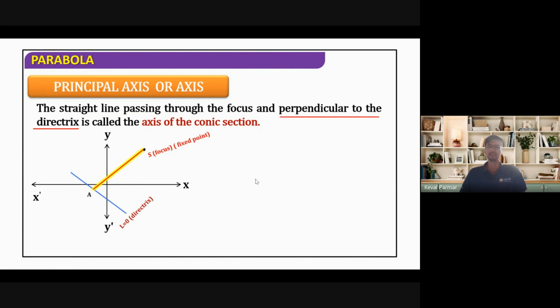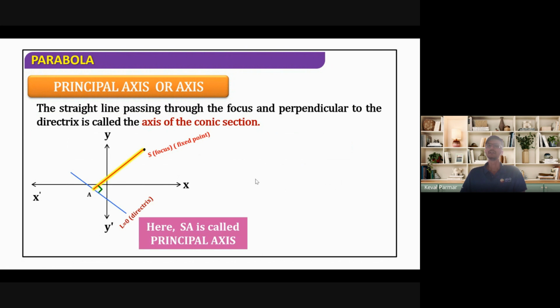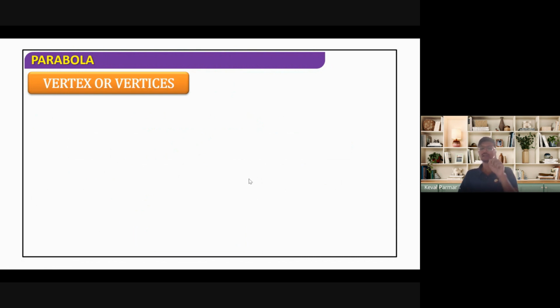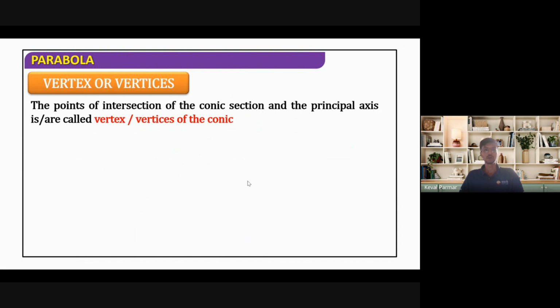Next is called the principal axis. Next is vertex or vertices. In case of parabola, we'll have only one vertex, but in case of ellipse and hyperbola, we'll have multiple vertices. But we are talking about parabola.